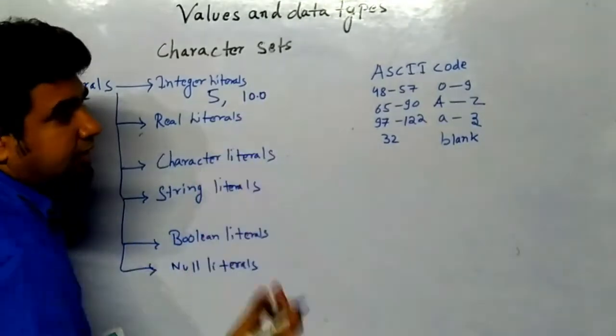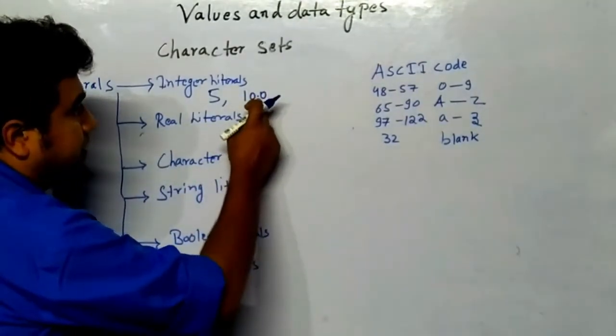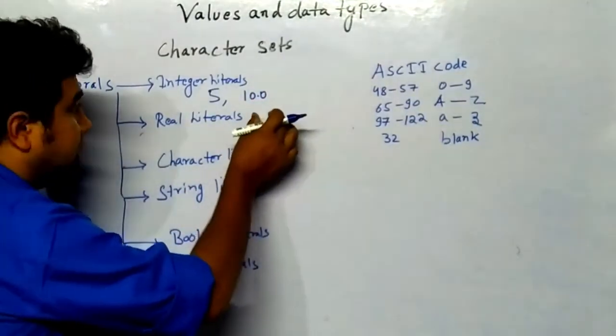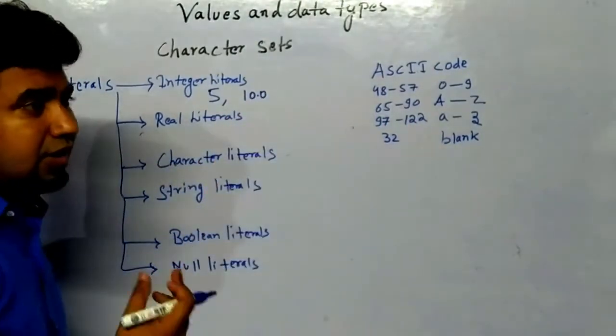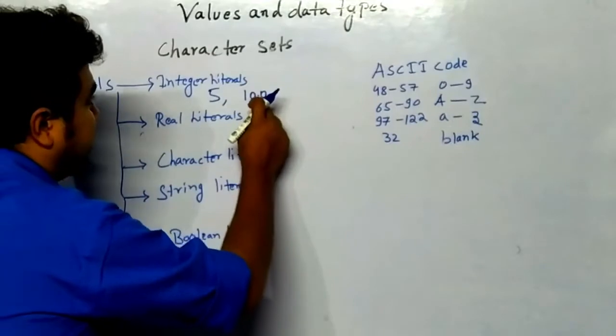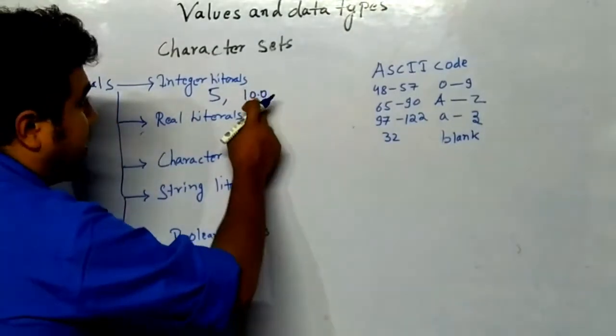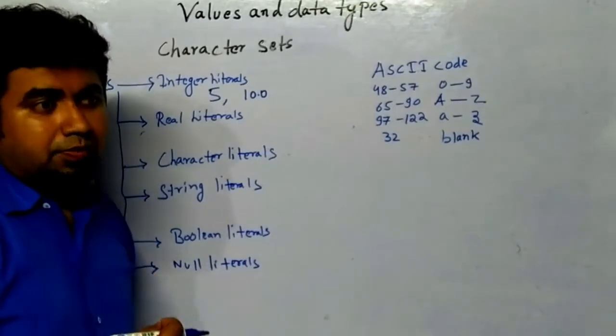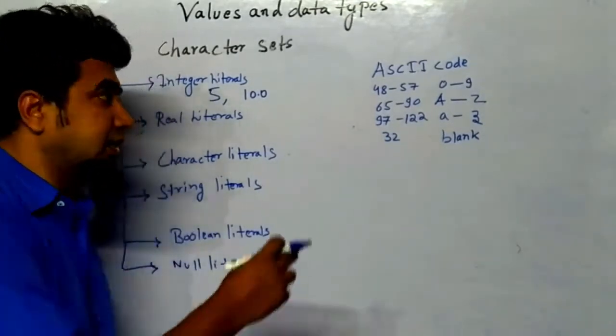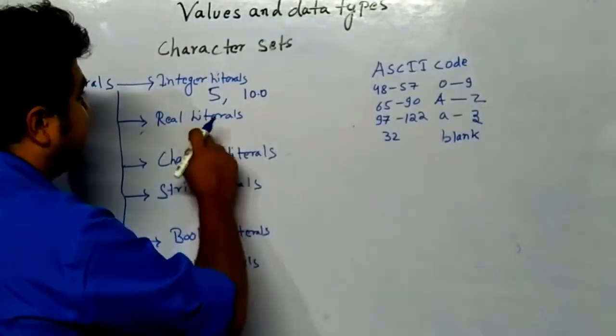Even though the value is 10, I have written 10.0, meaning it is already converted into its real literal. Real literals means it will have a floating part, meaning after the decimal point. Here also after the decimal point there is 0, but after the decimal point there is a number. That is why this is considered a real literal.